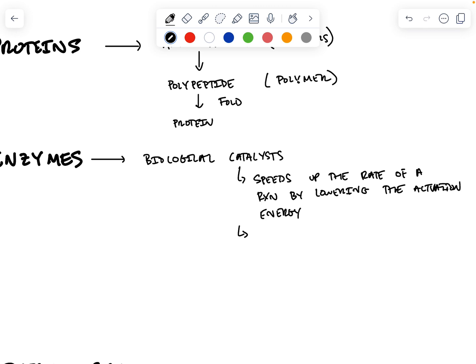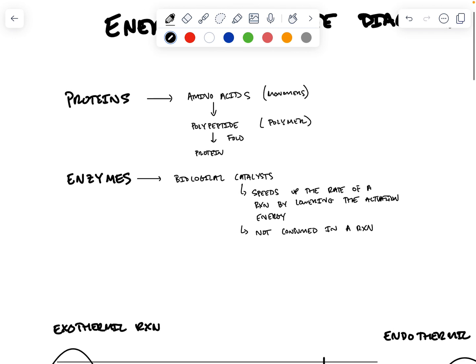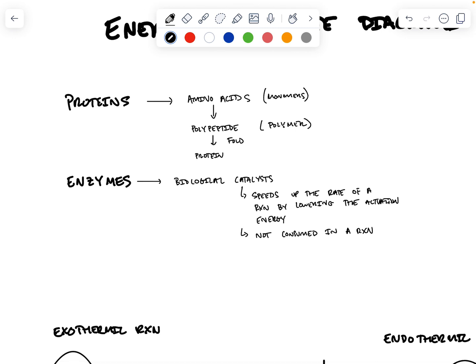And a catalyst is not consumed in a reaction. So if you have a catalyst present and you have all of the inputs or the reactants to a reaction, the catalyst can keep working, doing its job again and again and again until all of the reactants have been converted to products.